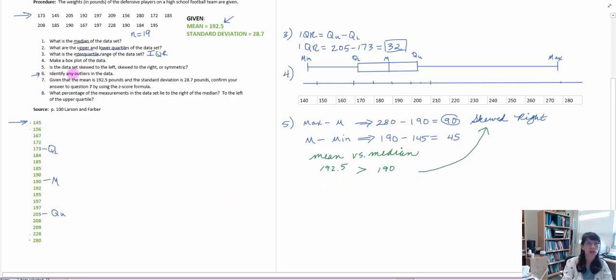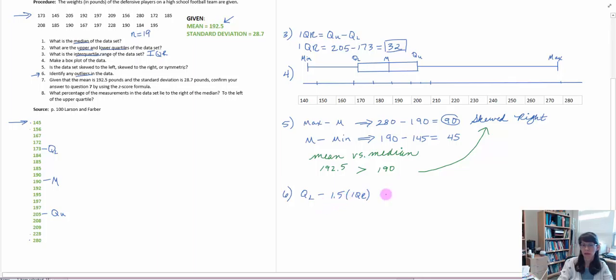In question number 6, we're looking for any outliers in the data. So again, we can make a calculation to determine if we have any outliers for our data. We're going to start first with the lower quartile and subtract 1.5 times the IQR. This will determine if we have any outliers at the lower end of the data set.